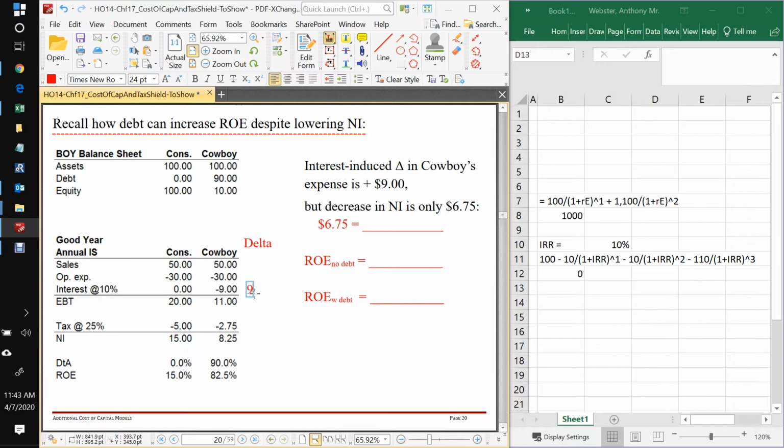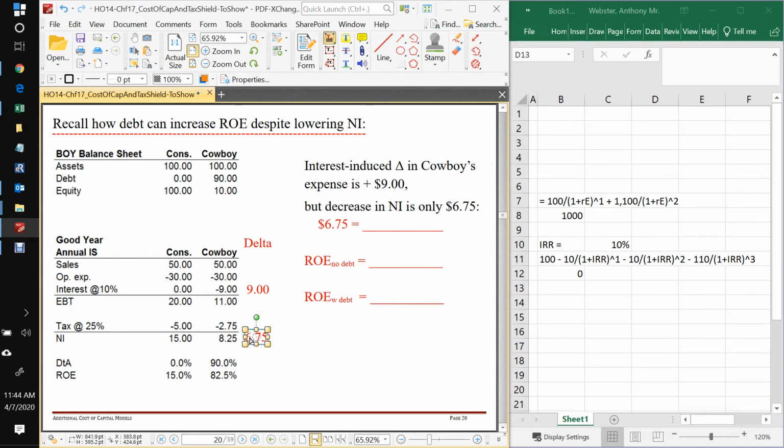So here we have a 9.0 increase in expense for the levered version of this company, which was the Cowboys, versus the unlevered version of the company. But because of this tax shield effect, the hit to net income is only 6.75. Okay, so that's pretty nice.